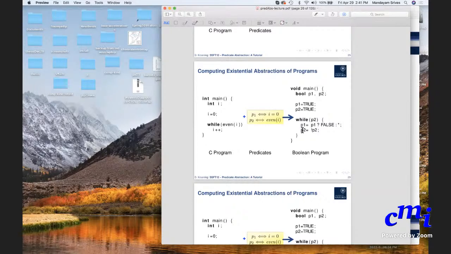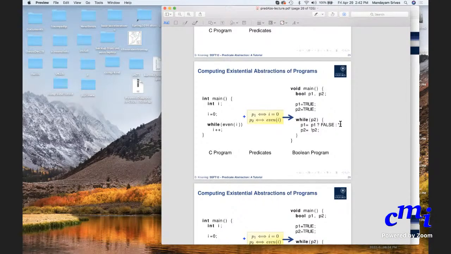We check if P1 is true, then obviously after incrementing it, P1 becomes false. But if you don't know whether it is equal to 0 or not, you can't say anything about it, and therefore the star here means it can be either 1 or 0.